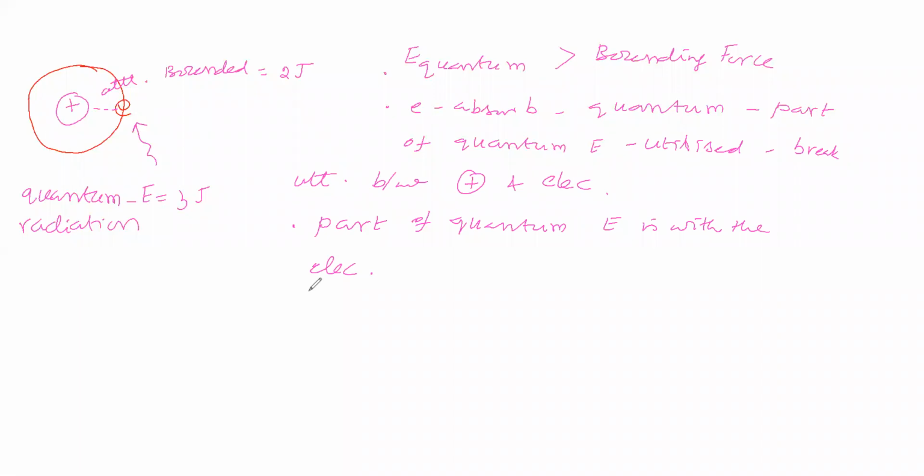Now, that energy will be in the form of what? See, the electron is absorbing this quantum, which has 3 joule, so this electron has got this 3 joule. Of this 3 joule, this electron utilizes 2 joule for breaking this attraction. So the remaining energy is there with what? What happened to the part of quantum energy? If it is with the electron, it will be in the form of what?